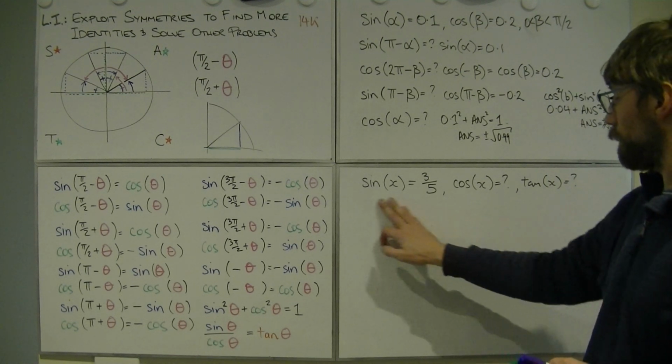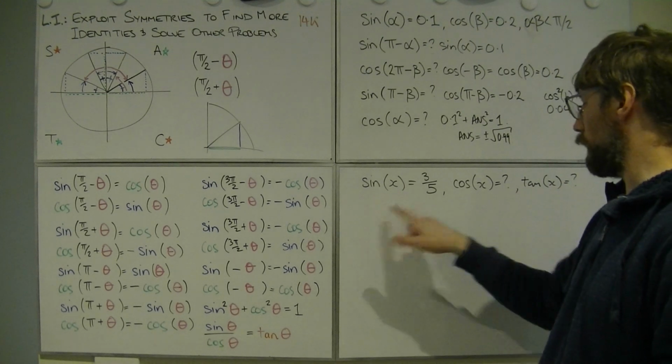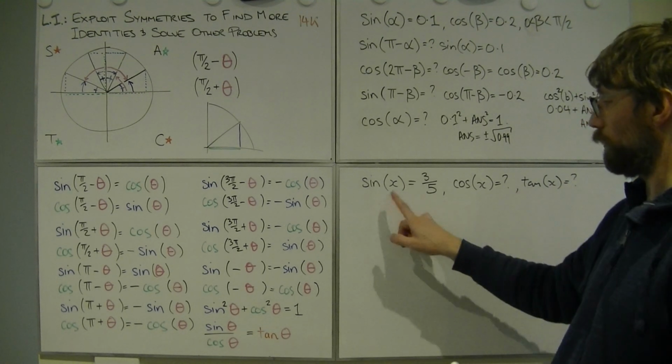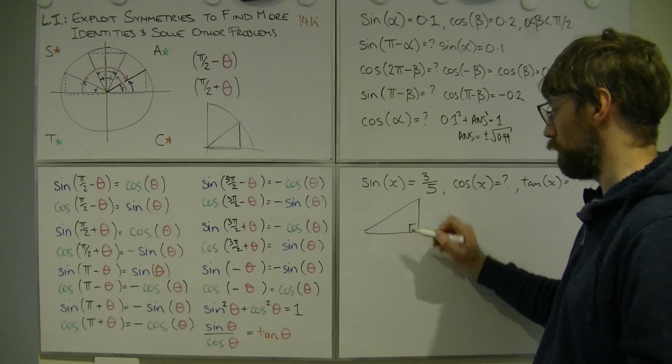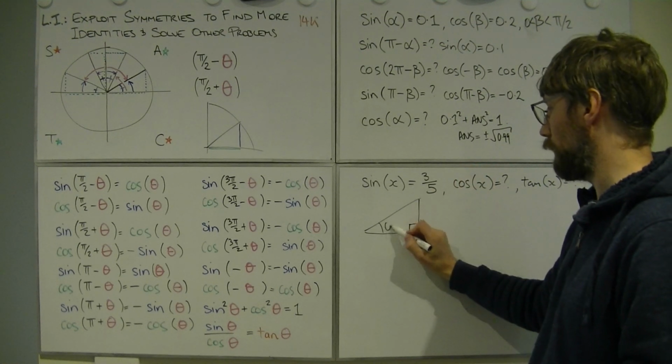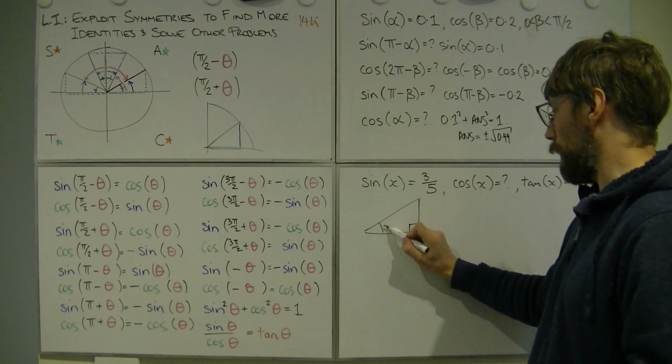Other things that you might get are things like this, where you're only given one and you want to find the other two. Let's think about what this represents. I'm going to draw a triangle, because that's what all trig functions can represent. This is not theta, this is x, so x is some angle.